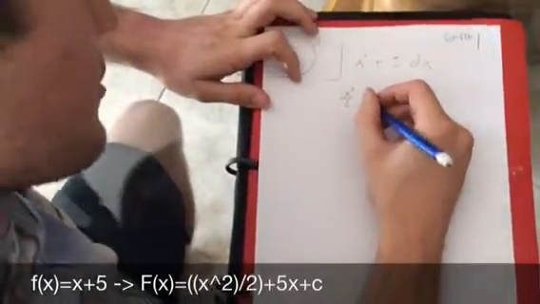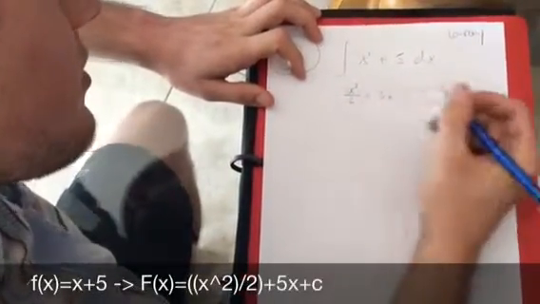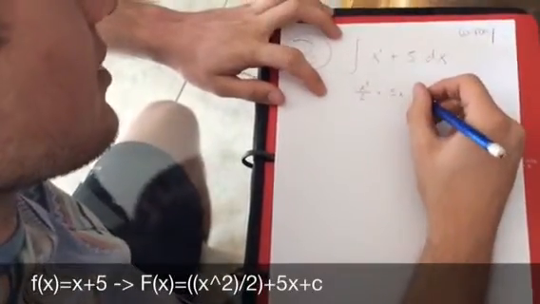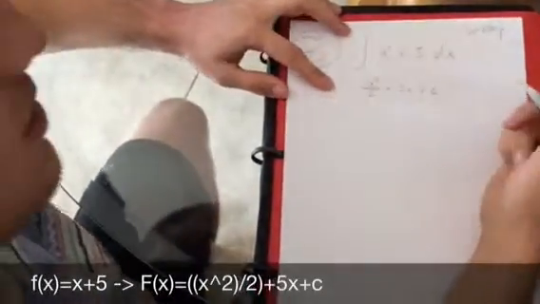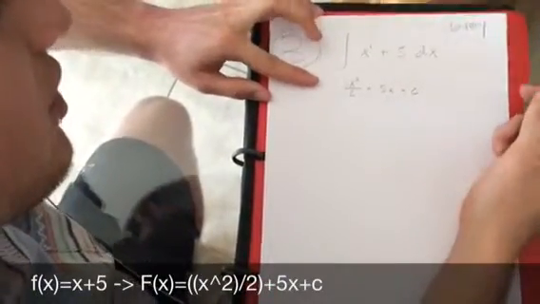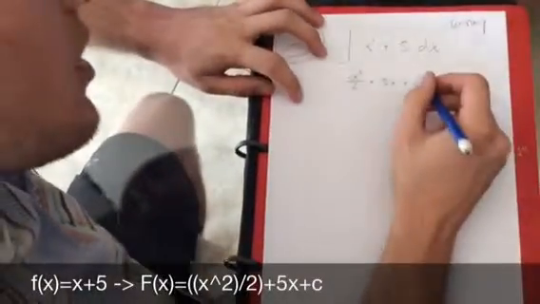Then you move on to the next term, and it's pretty simple. It's just 5x, and what you can't forget is plus c. And what c is, it's just a constant that can represent any number that pertains to this function, but in this case we don't know that number, so this is your integral.